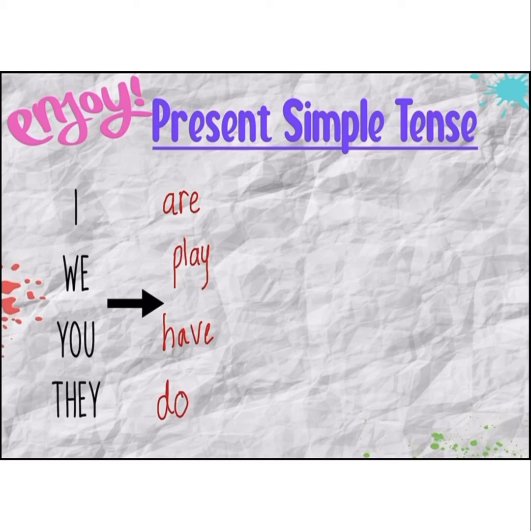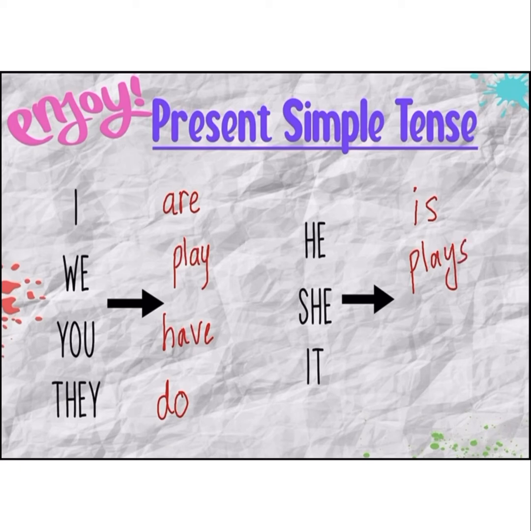The other type of pronouns, which are the singular pronouns like he, she, and it, take the verb to be, is, and for the verb we have to write plays, adding an s with the verb.